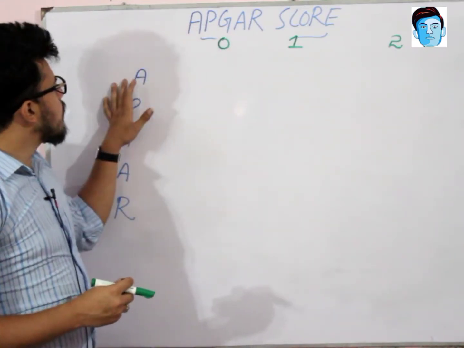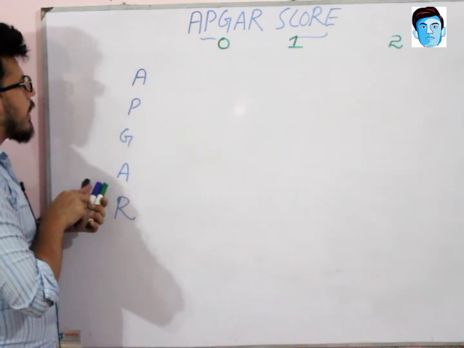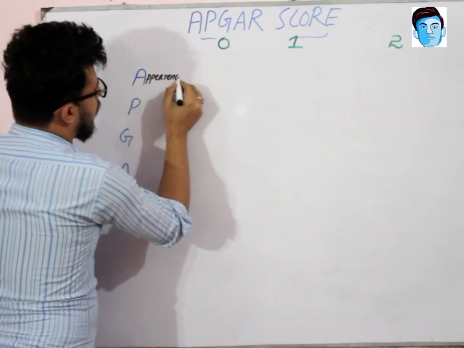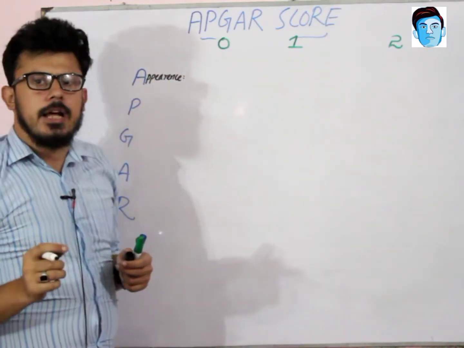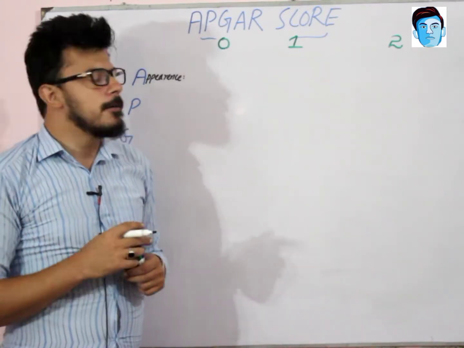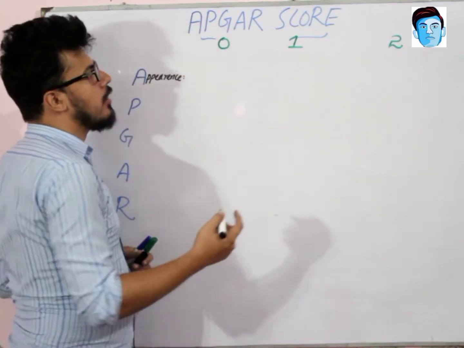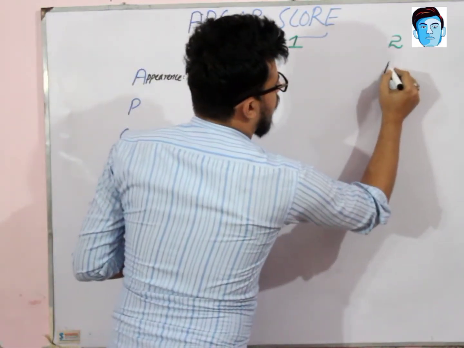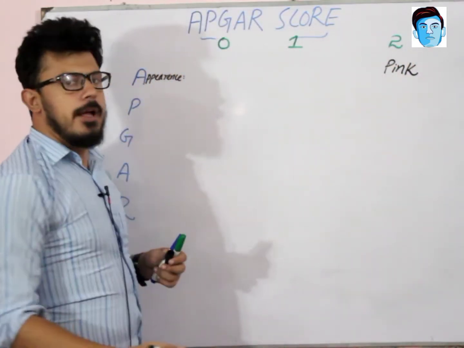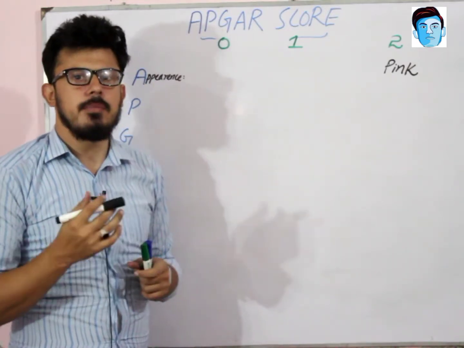Now let's first focus upon the appearance of a child. So A stands for appearance. Here it means that we will assess the skin color of a child. So as the baby is born, if the baby's skin is pink, that will be the best condition of a child, means the baby is healthy.